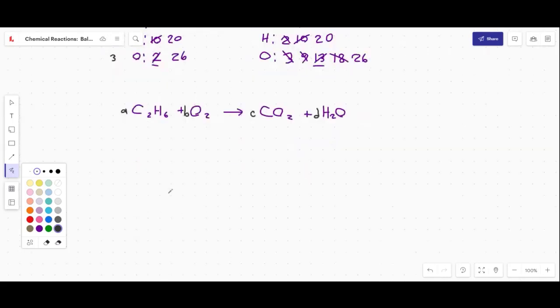So what I'm going to do is write out an equation, or several equalities, so to speak. I'm going to write out an equation for oxygen, for example. The reactants always have to equal the products, right? Law of conservation of mass. Same number of atoms of each type on each side.